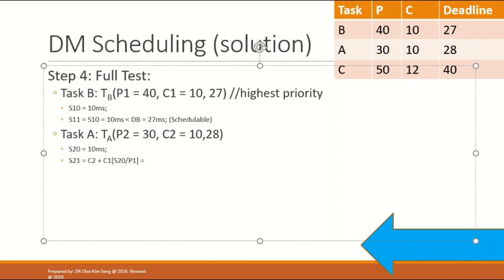C2 we get 10 plus C1 10 as well. With the ceiling of the ratio, we use this and this, then divide by P1, 40. We get 0 point something, so rounding up it becomes 1. So we have 10 plus 10 equal to 20 millisecond.